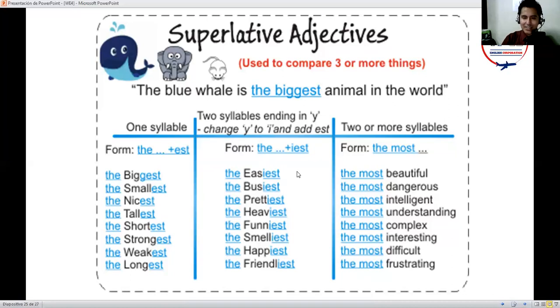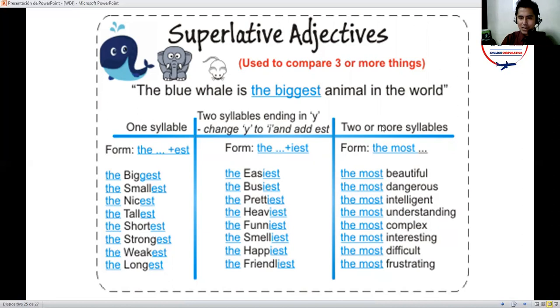The easiest, the busiest, the prettiest, the heaviest, the funniest, the smelliest, the happiest, the friendliest. As you remember, these are adjectives that finish in Y. That's why we have to make a change.